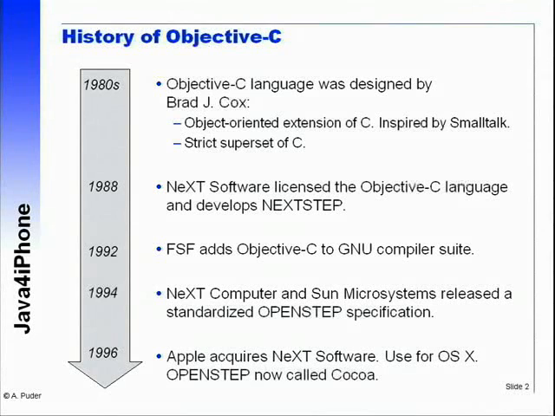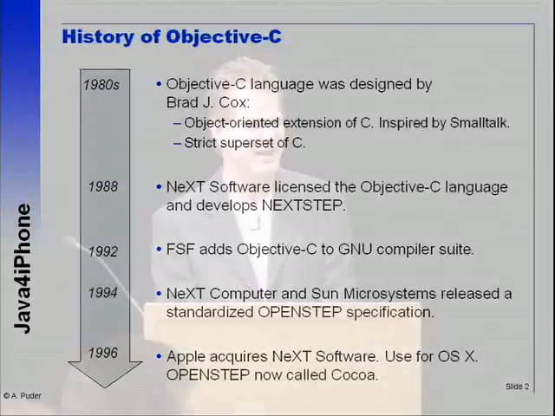But anyway, in my little timeline slide here, you can see that in '92, the Free Software Foundation added Objective-C support to their GCC compiler suite. Then in '94, it was standardized by Sun Microsystems and NeXT as something called OpenStep. I do know that GNU also has an implementation of NeXTSTEP they call GNUstep.